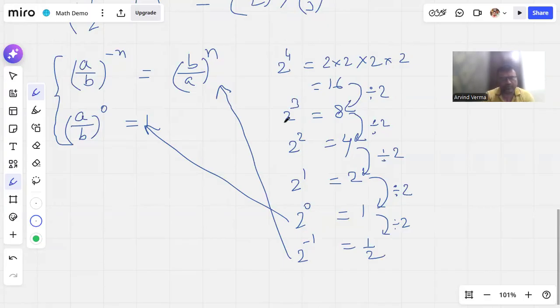Just look for a moment. 2 raised to the power 0 is 1. a upon b is a rational number, and a rational number to the power 0 is 1. And 2 raised to the power minus 1, that is a upon b raised to the power minus n, is b upon a raised to the power n, that is 1 upon 2.